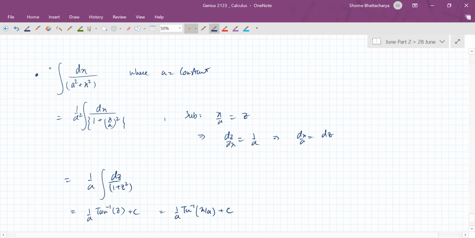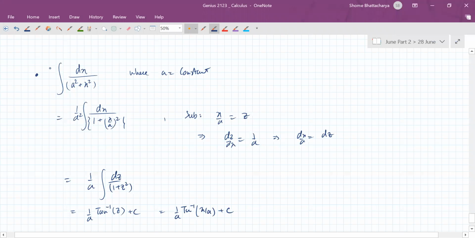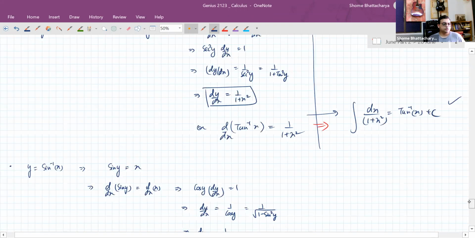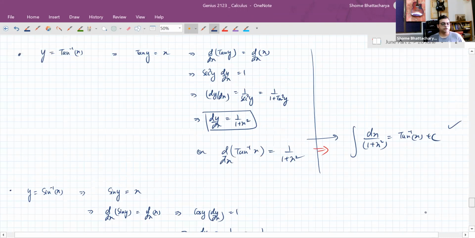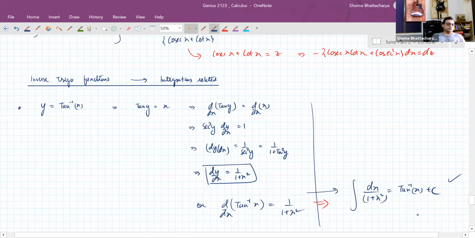Sir, but there's a root over we forgot. Which root over? Sir, in tan, sir, 1 upon z square root over, right? No, beta. See, this is the tan inverse integration. Dx upon 1 plus x square is tan inverse x.